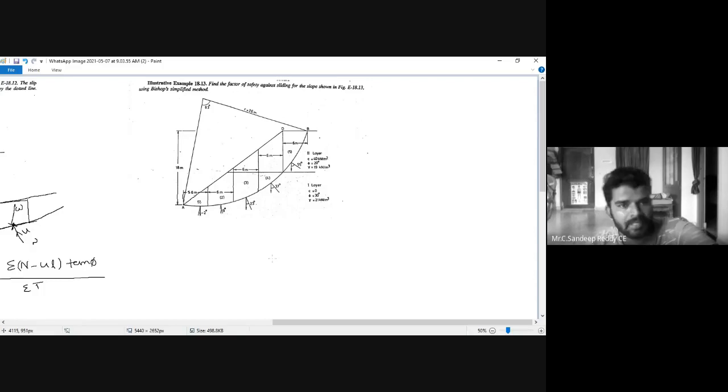They are the same, and put the equation of the Bishop simplified method. What is the equation of the Bishop simplified method? It is very simple.